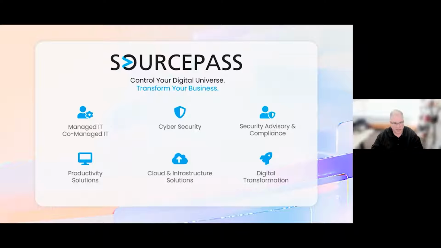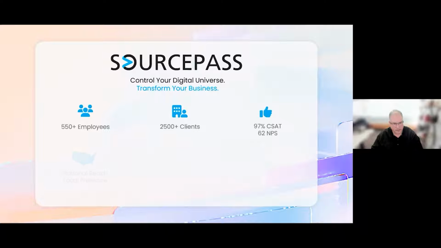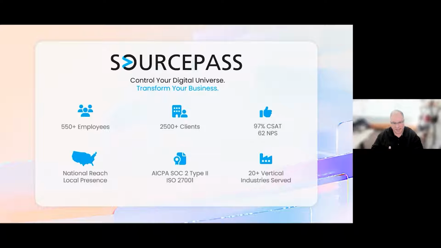Behind the scenes, we're just over 550 employees, approaching 600 employees. We have a little over 2,500 clients right now. Our team's operating at well above industry standards, and we really take pride in our customer satisfaction and our net promoter scores. We have a broad team across the US, national reach. We have some international customers as well.